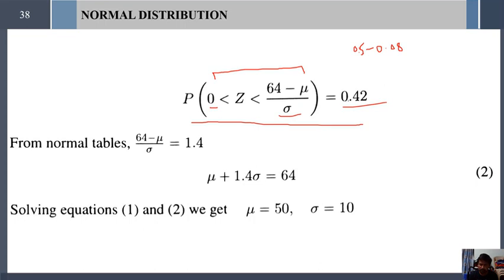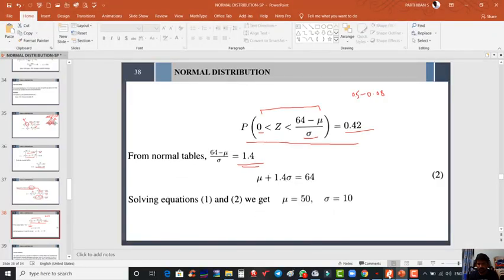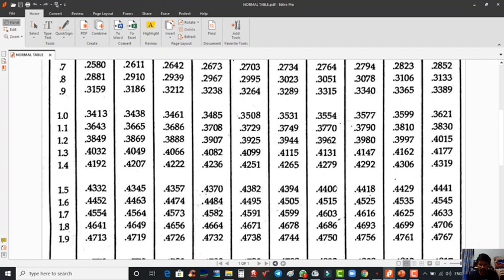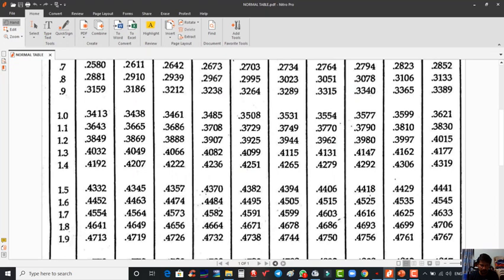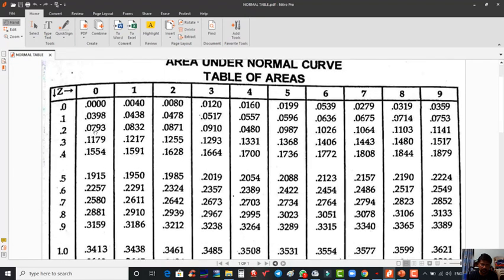So for 0.42, what is the corresponding ordinate value using the normal table in reverse order? 0.42, where? 0.41, 0.43, so 0.42 there. 1.4 is the approximate value. 0.4192 is nothing but 0.42. So its corresponding ordinate value is 1.4.